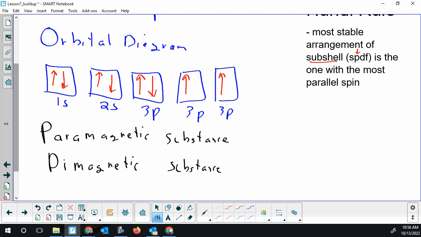So there's many different types. We're not doing ferromagnetism that maybe you're used to with magnets and iron being ferromagnetic. The 2 other definitions: paramagnetic substances, which are attracted to a magnetic field, have unpaired electrons in their orbital diagram. Diamagnetic substances, which repel magnetic fields, have all electrons paired.